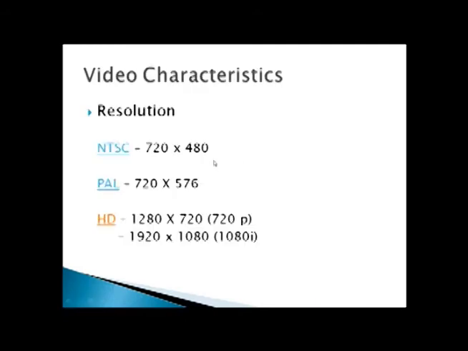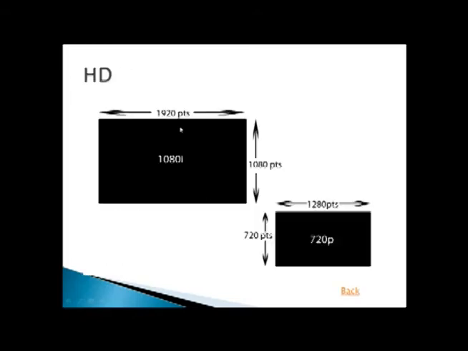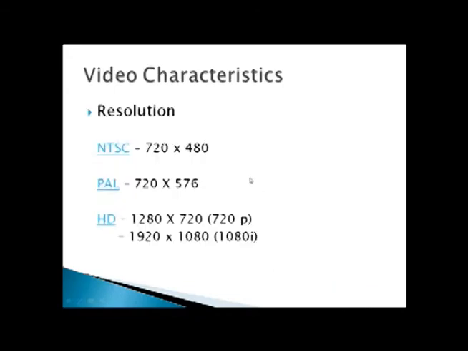And nowadays, the HD video is getting more popular, especially for these two types of HD. One is the 1080i, 1920 pixels wide, and 1080 pixels tall. And in 720p, it is 1280 pixels wide and 720 pixels tall. And those are the things that you need to learn basically in video resolutions.